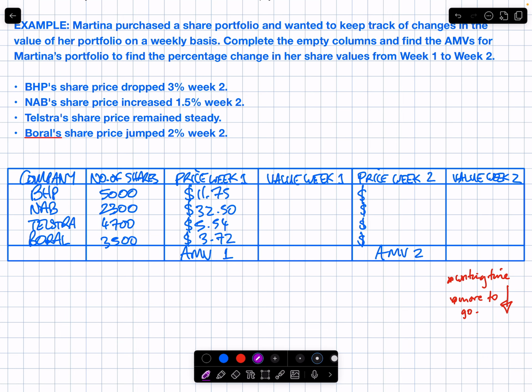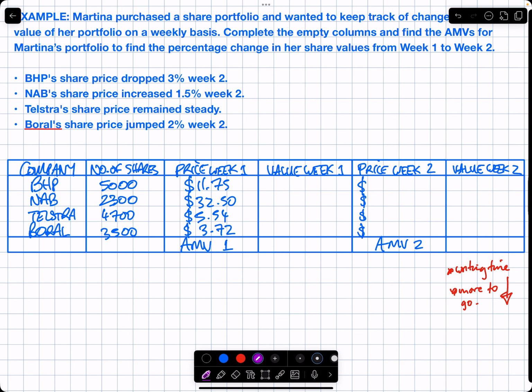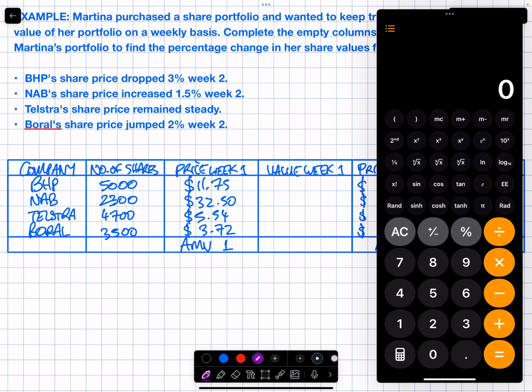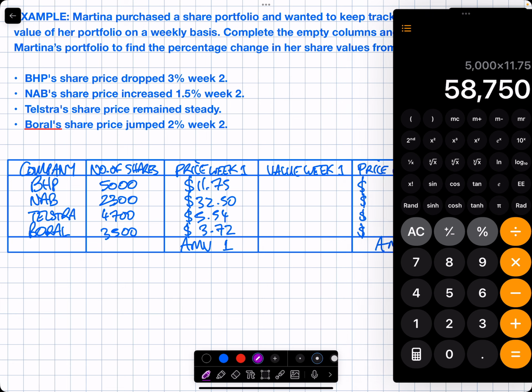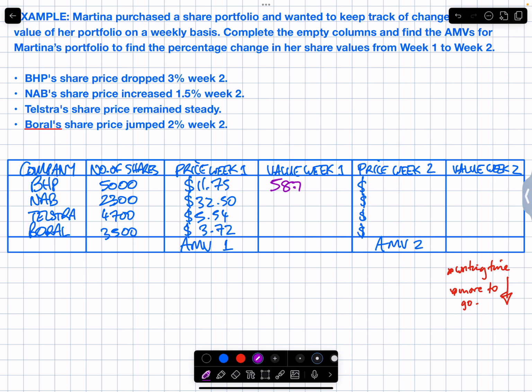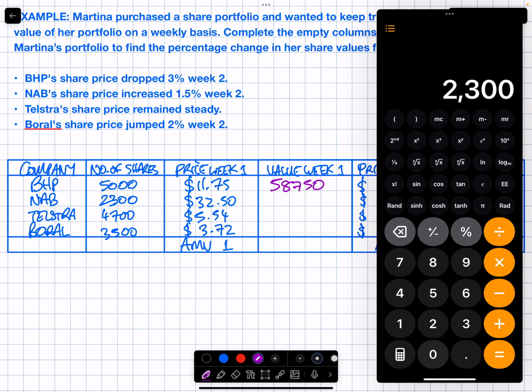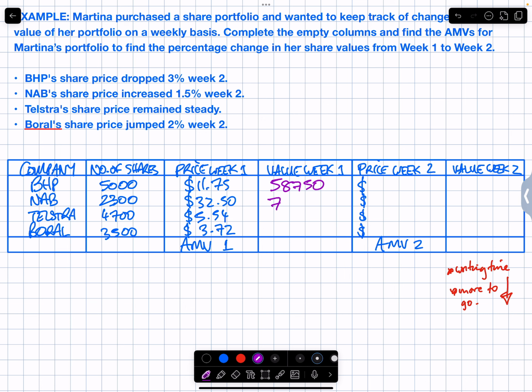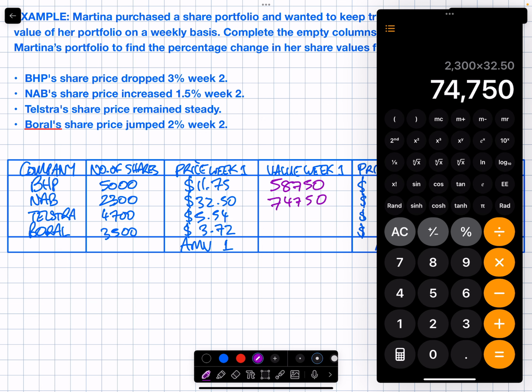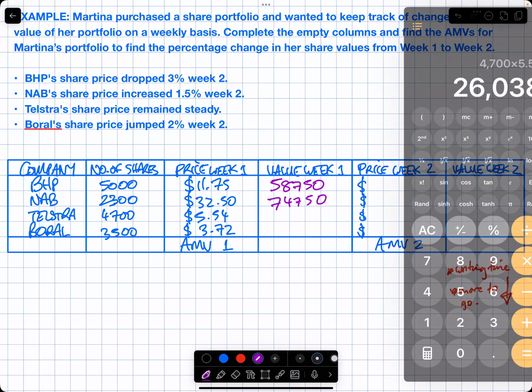So we can find the values now for these 4 companies because we know the prices in week 1. 5,000 times $11.75, 58,750. There's 2,300 shares at $32.50, 74,750. There's 4,700 at $5.54, 26,038.